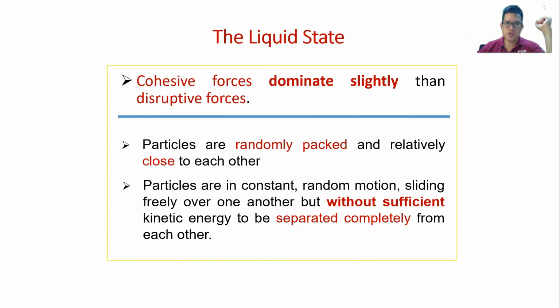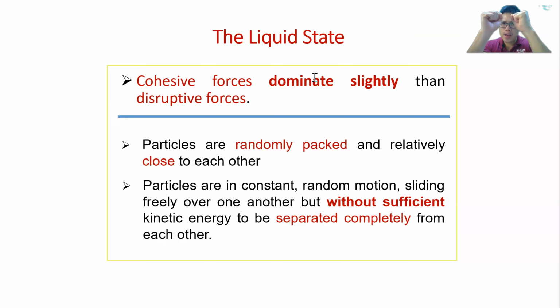If there is enough energy, then they will separate. That is when the disruptive force slightly increases, but the cohesive force is still dominant, still trying to pull them together.